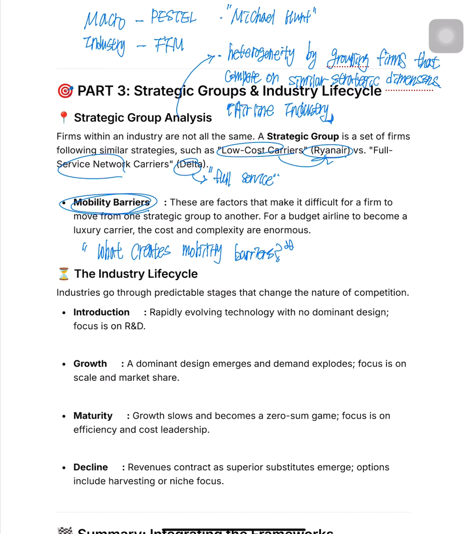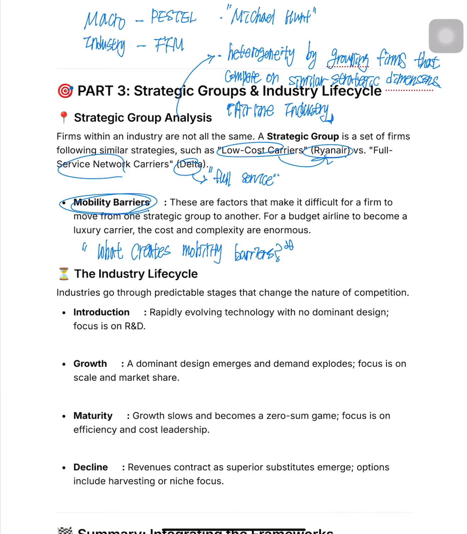The cost and complexity of that transformation are enormous. So these are the mobility barriers separating the low-cost carrier group from the full-service network carrier group. Similarly, it would be very difficult for Delta to abandon its full-service model and become a low-cost carrier.